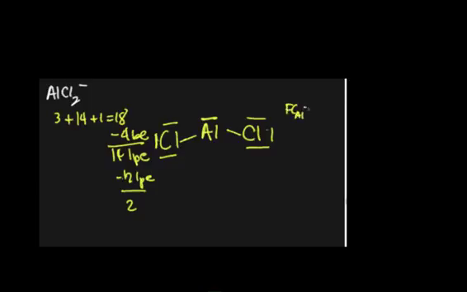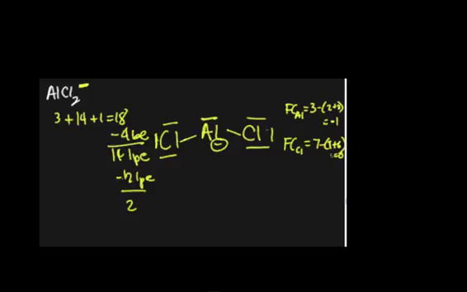Formal charge for aluminum would be 3 valence minus the 2 bonds minus the 2 lone pair electrons, which is -1. If that was another chlorine, it would be neutral. But since we have an anion, it's holding the charge, which is where we want the charge to be anyway. The formal charge for the chlorine is 7 minus 1 minus 6, which is neutral.